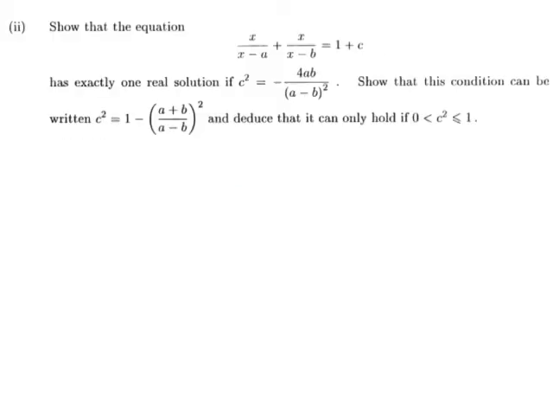Okay, so we're going to take a similar leap that we did previously, but we notice we have this extra added c over here, and we're after one solution this time, not two distinct solutions. So we're going to go through the same method of multiplying through by both denominators.